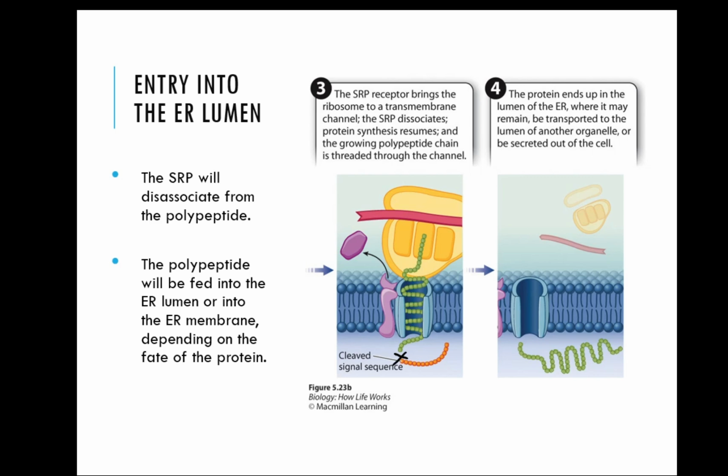Its job is to get the polypeptide that's being translated, the whole complex, to the ER. Once it gets it there and translation starts again, it's done its job. So it's just degraded. Okay? Does that make sense? So we have these proteins in the ER lumen.